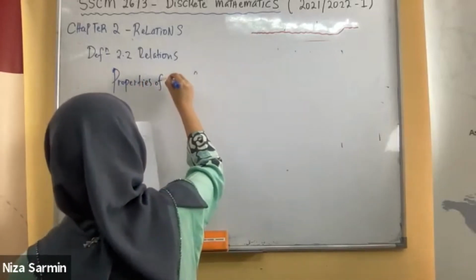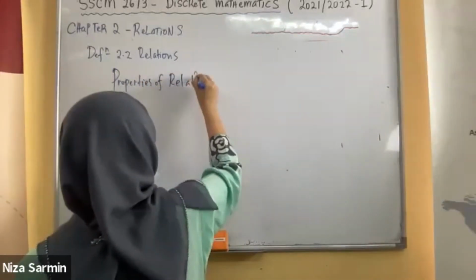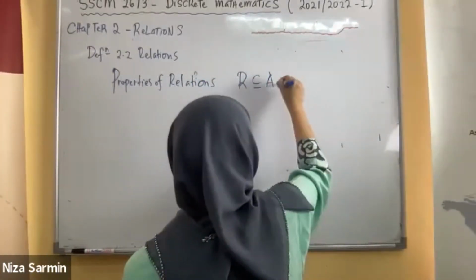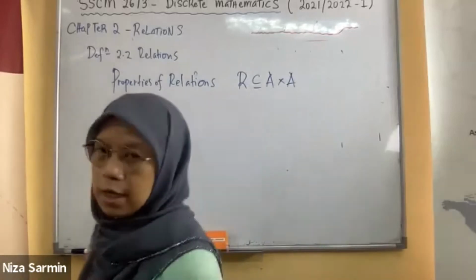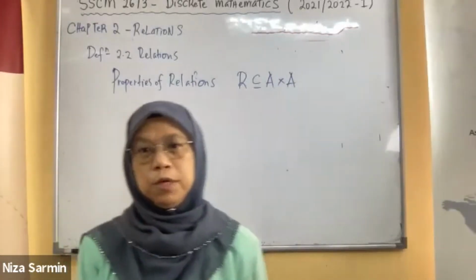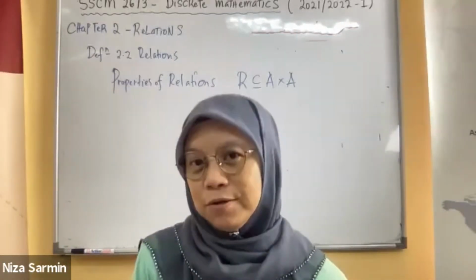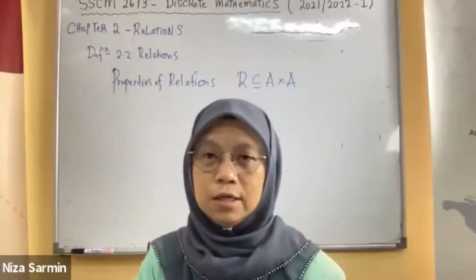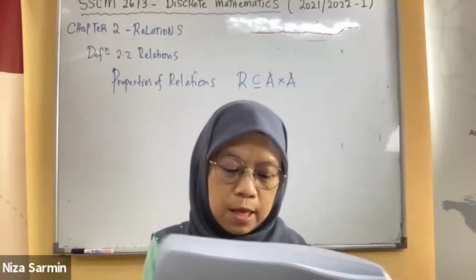Properties of relations. And for this one, I would choose X equals Y or A equals B. So it's the same set, right? You can only look at this when A is equal to B, okay?